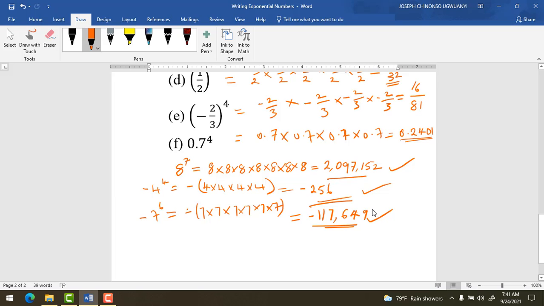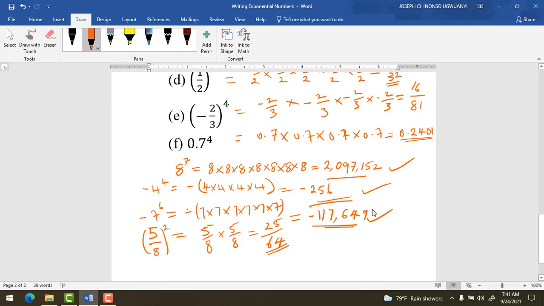Okay, what if we have 5 divided by 8 all exponent 2? In this case, we have 5 divided by 8 times 5 divided by 8. 5 times 5 is 25. 8 times 8 is 64.